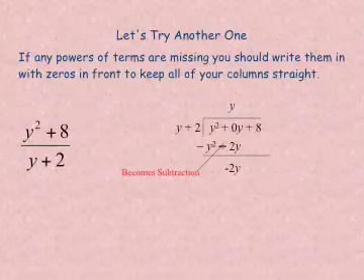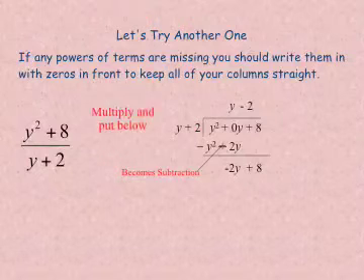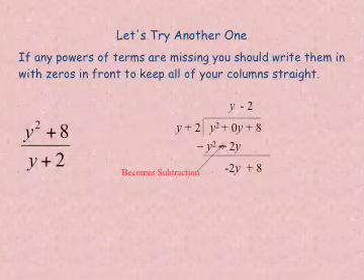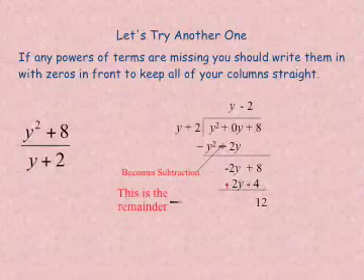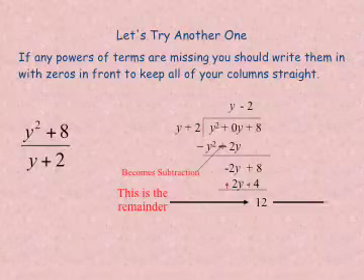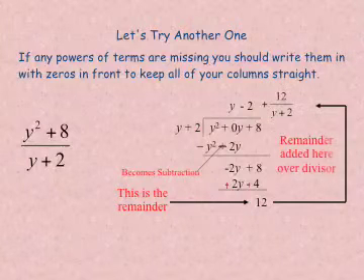And then we calculate, bring down the next term, and repeat. Remember again when we're subtracting to change the signs and calculate. Our remainder is then added over the divisor.